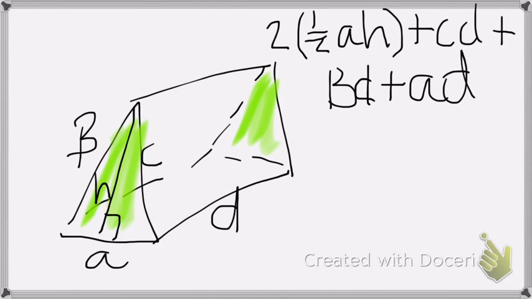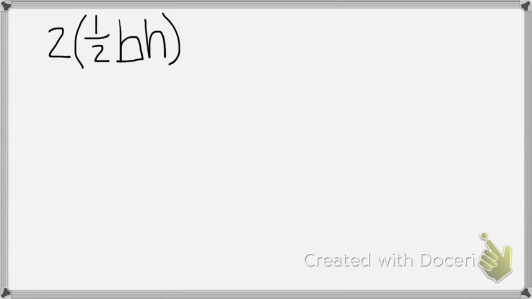So let me write that all out for you. We have 2 times our bases, which are half of our base times our height. And then we're going to add in the other sides.